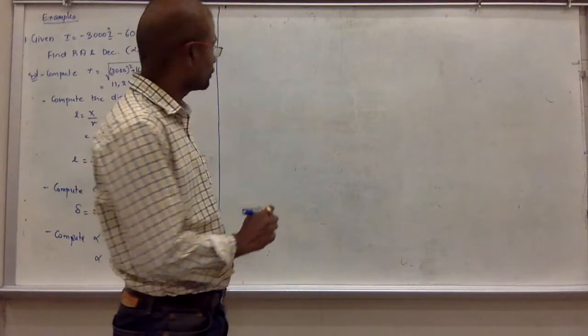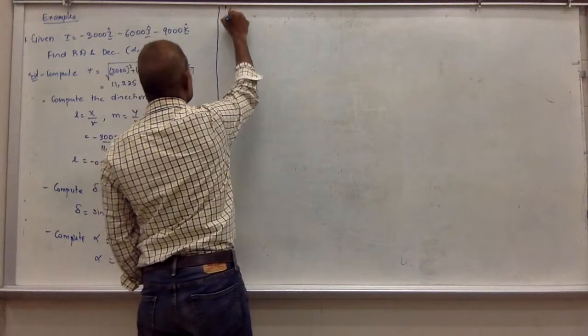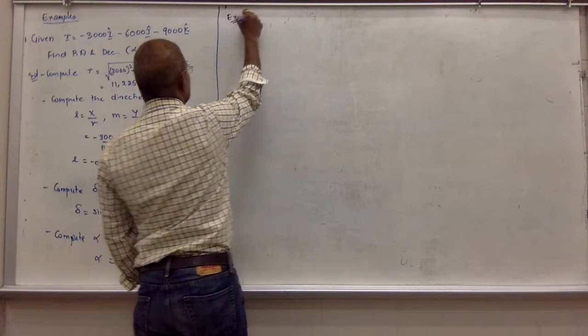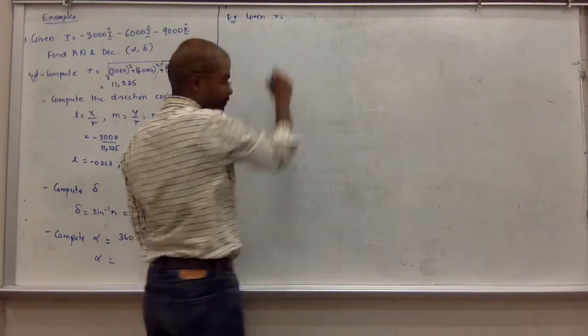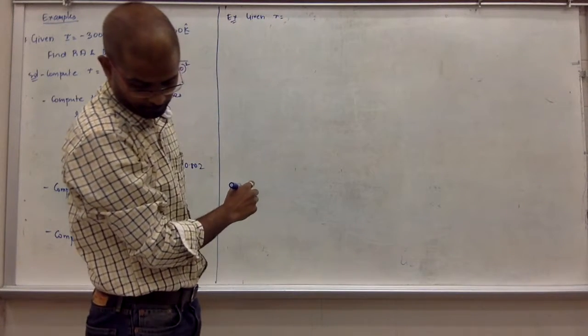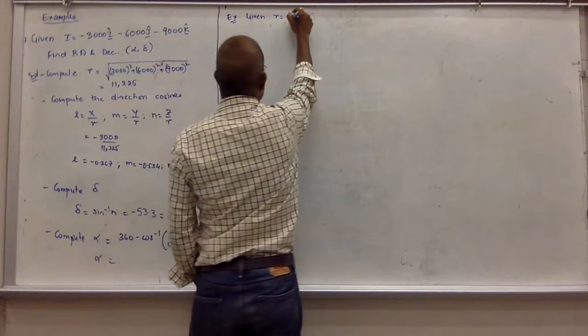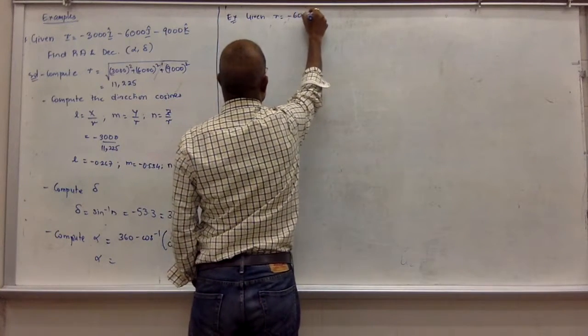Alright, so let's take a look at another example. You're given R is equal to minus 6600.